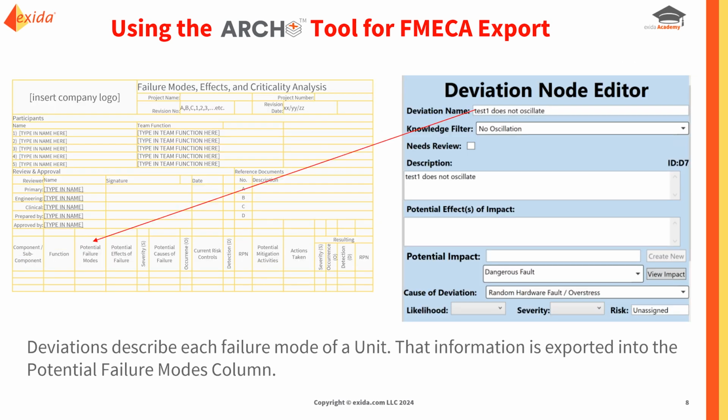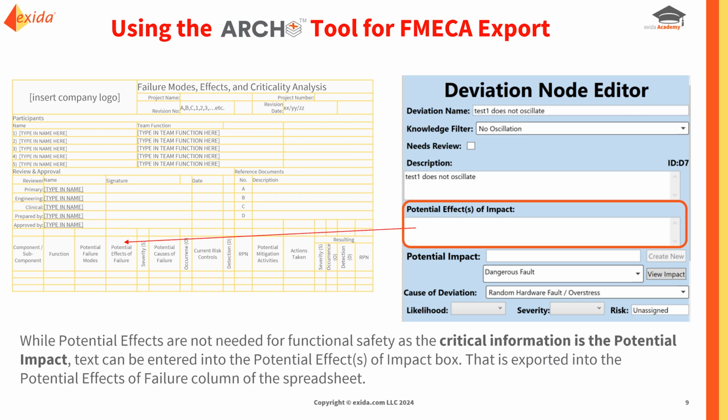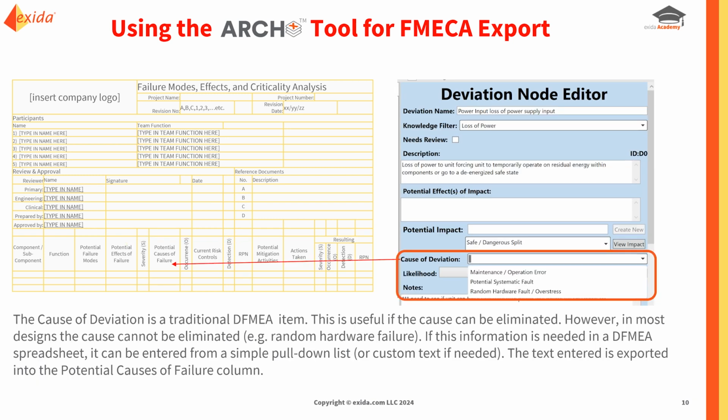The deviation node editor screen provides the failure mode information as well as descriptions. There is a place for potential effects for those who need that. It's not required for functional safety, but if you wish to enter it now, you may, or you can enter it later in your spreadsheet.